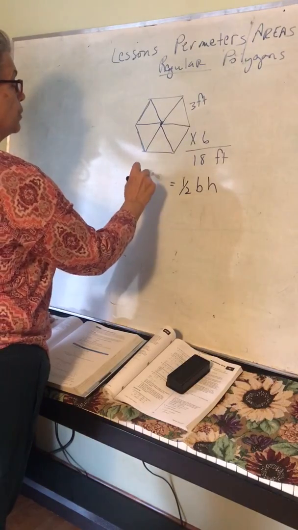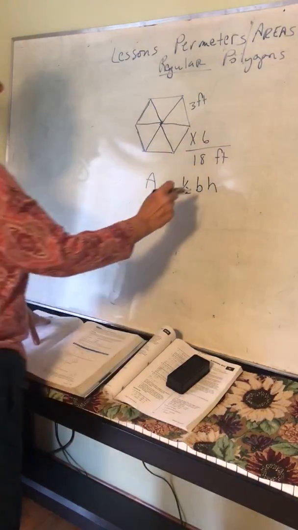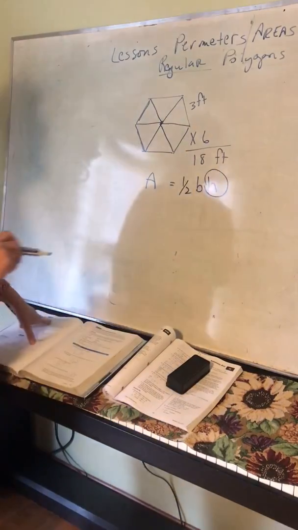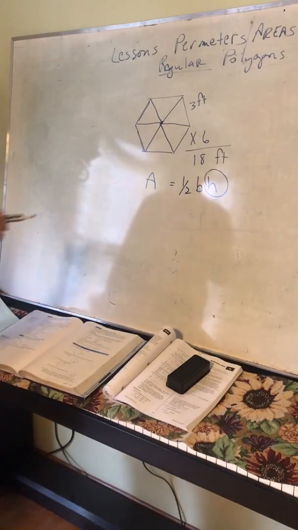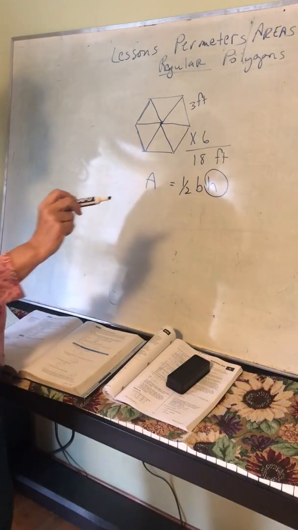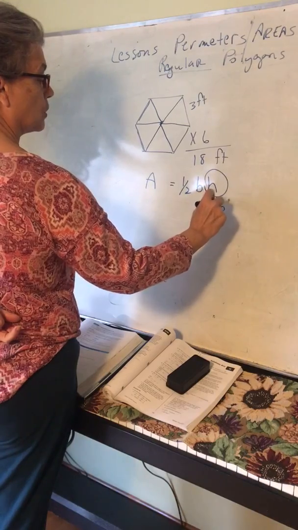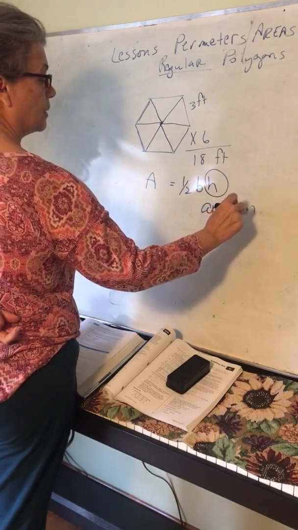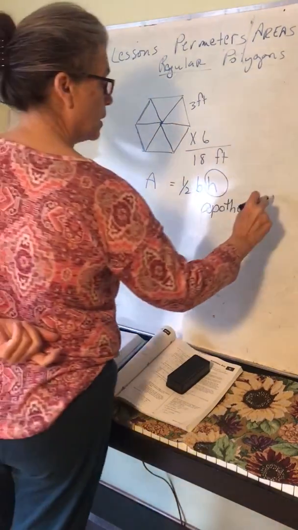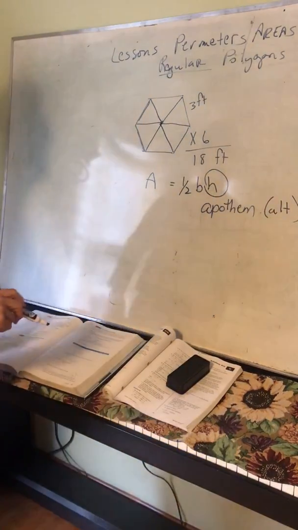When we're doing the area for a regular polygon, we call the height something different. We call it the apothem, which is also the straight up and down altitude. So all three of these words mean the same thing.